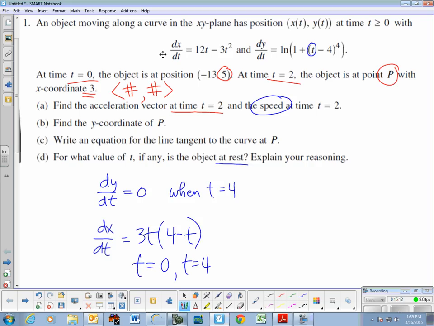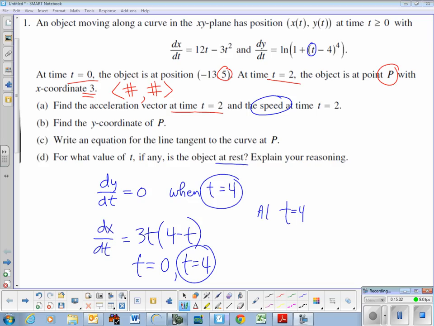So at t equals 0, it's not at rest. That means dx dt is 0, and knowing that just tells me it's moving vertically at that point. If it's going to be at rest, then it has to happen when dx and dy are both equal to 0. So t equals 4.